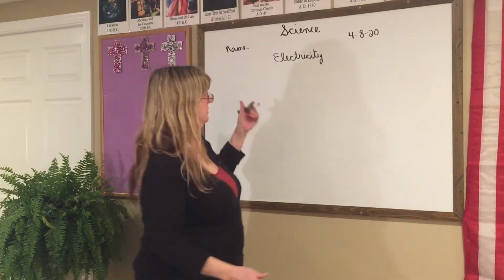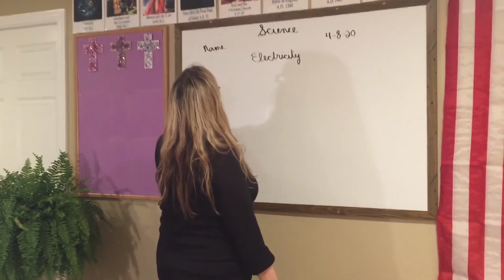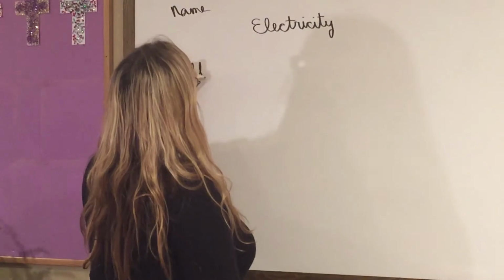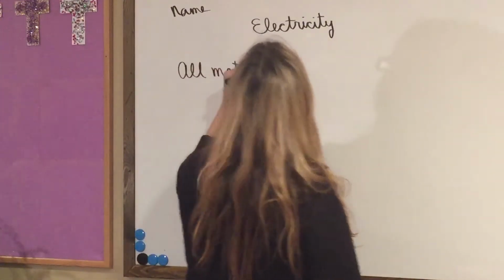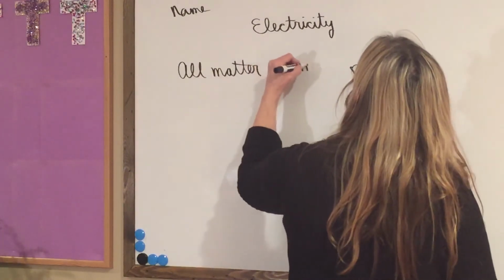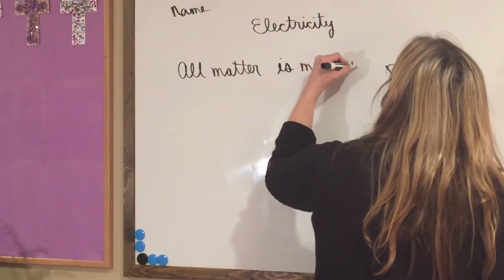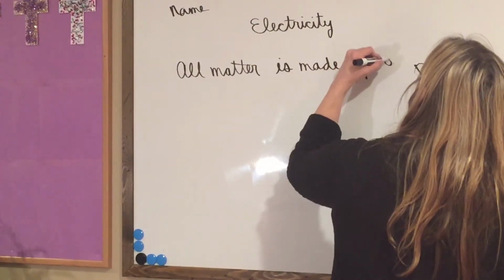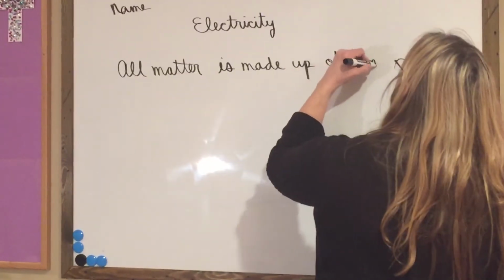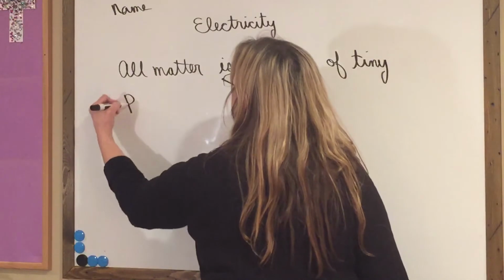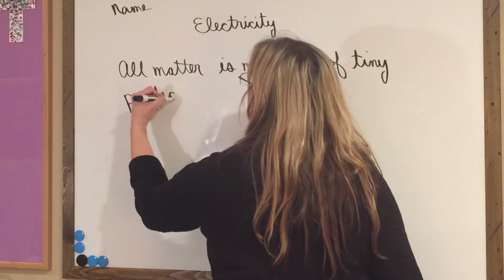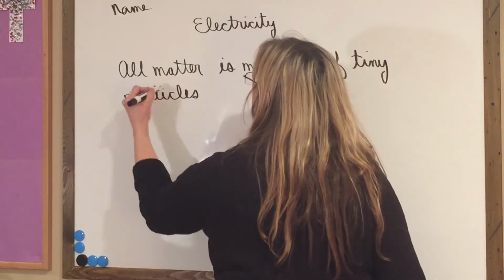So all matter, the first thing you're going to write down, all matter is made up of tiny particles called atoms.